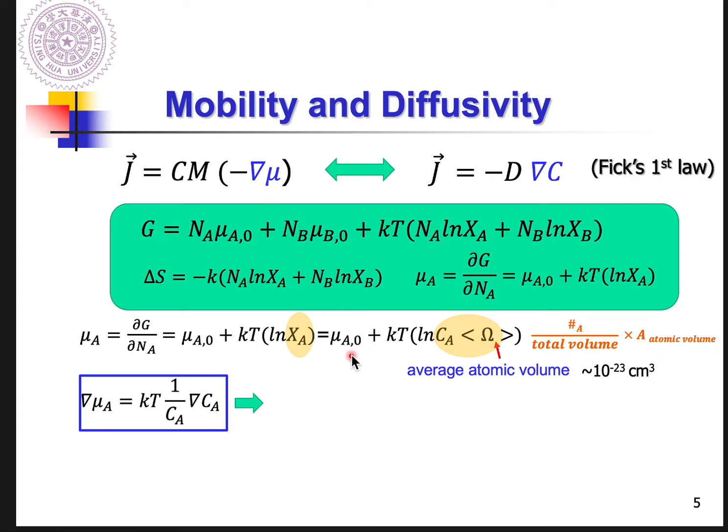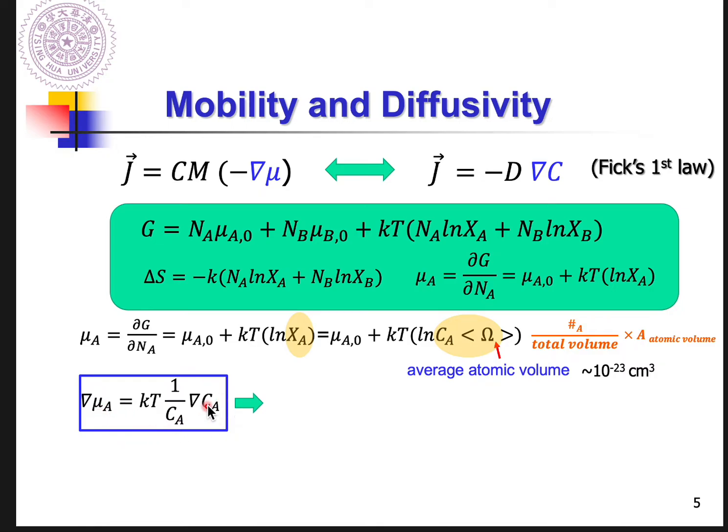But the chemical potential of atom A in pure A material does not change with distance, so this term drops out. Also, omega, the average atomic volume, does not change with distance, so you can drop this term out too. The rest is taking the gradient operator on this, so you get kT times the reciprocal of CA times the gradient of CA. So we successfully get the relationship between the chemical potential gradient and the concentration gradient.